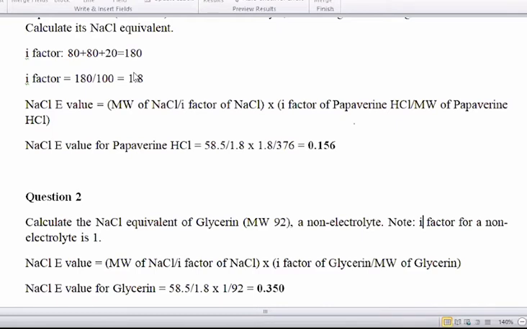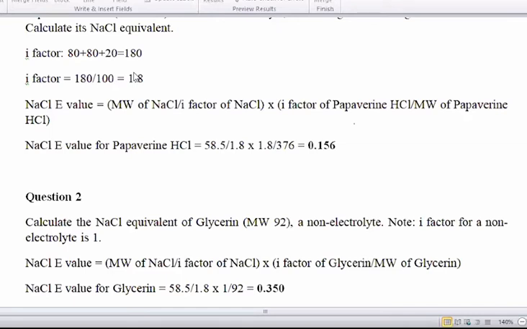I think we agreed on this when we were doing I factors. So the I factor for any non-electrolyte, be it dextrose, urea, glycerin, boric acid, will always be 1. So when you have a question and it's guiding you to say this is a non-electrolyte, just know the I factor there is 1.